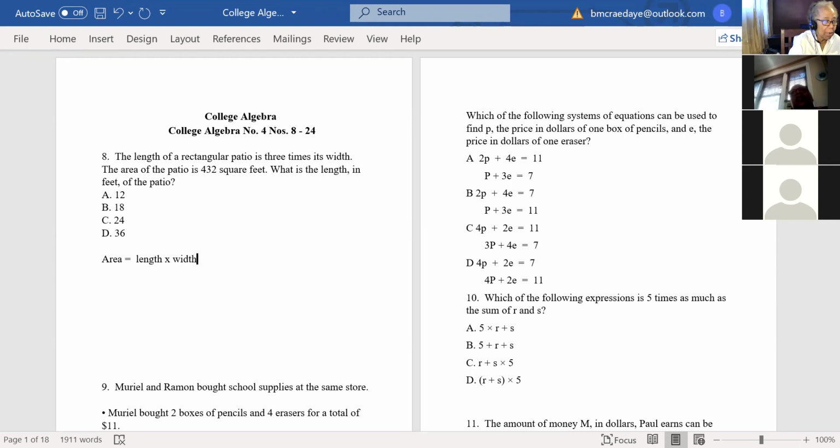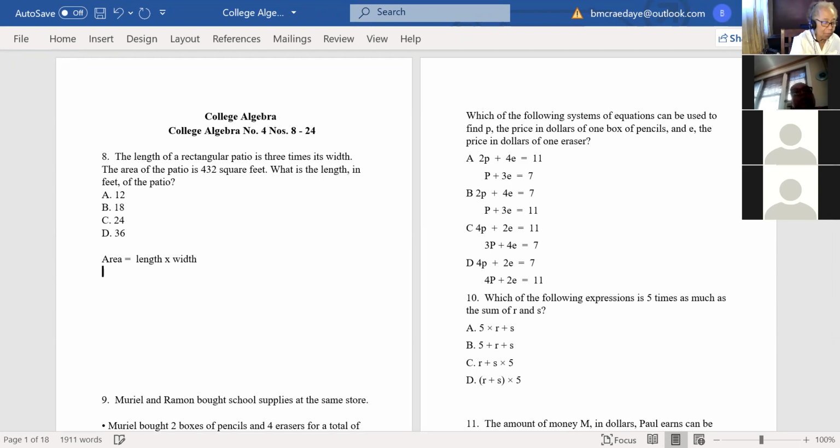The dimensions are squared, whereas perimeter, they are not, they're just linear. Okay, so area is length times width. Let's just write this as area equals, and we'll use L times W.